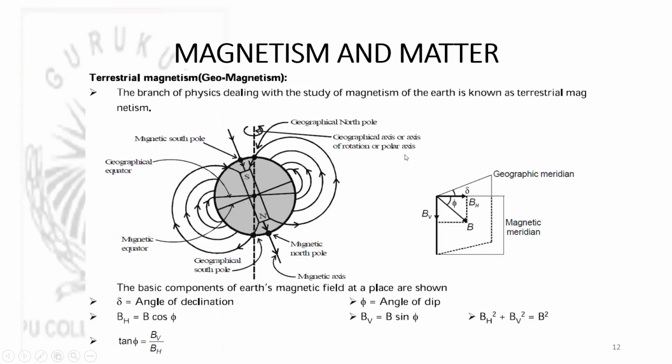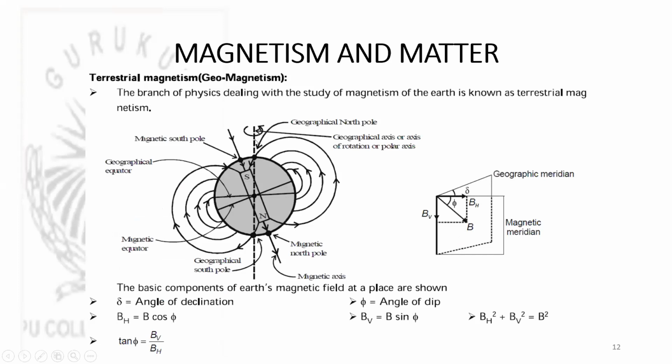Then terrestrial magnetism or geomagnetism, that is the study of the magnetic field of Earth. The branch of physics dealing with the study of magnetism of Earth is known as terrestrial magnetism, and as shown in the diagram, these are the geographic poles of the earth, geographic north pole and geographic south pole, and the magnetic field lines of earth are mapped in this manner.